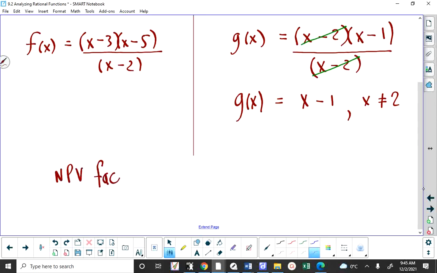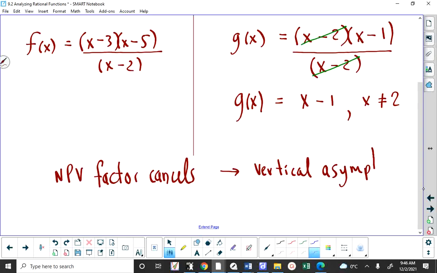If the NPV factor cancels, you get a vertical asymptote. If the NPV factor does not cancel, I got that backwards, don't I?